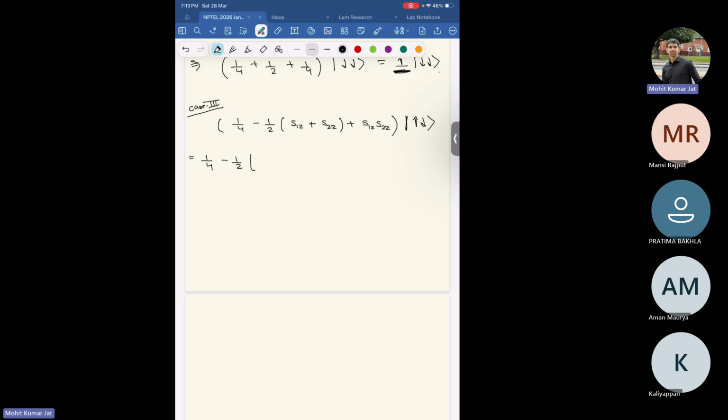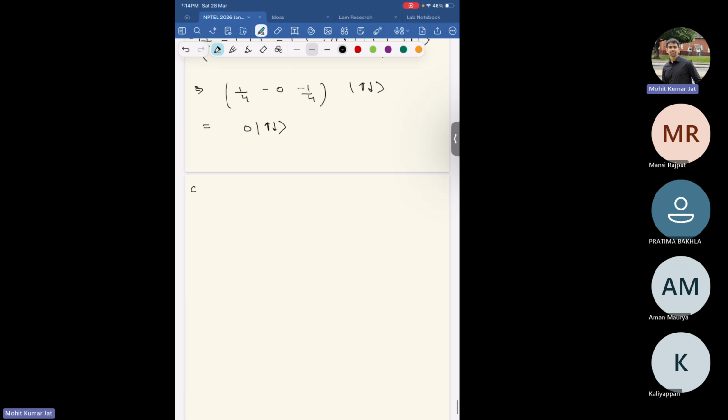S1z operating will give you plus half. S2z operating will give you minus half. Plus S1z S2z operating will give you plus half times minus half. So it is 1/4 minus 0 minus 1/4. And that will give you 0 operating on up and down.